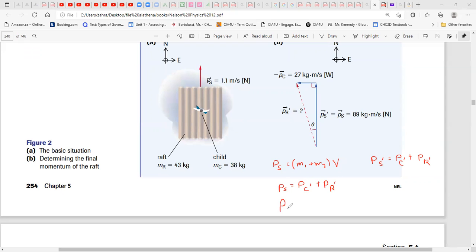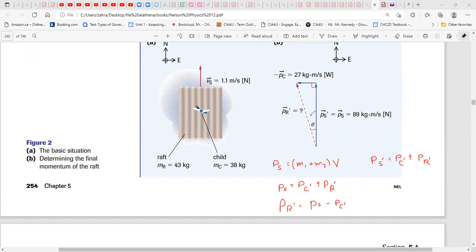So PR prime is equal to P of the system, P of S, minus P of the child after interaction.